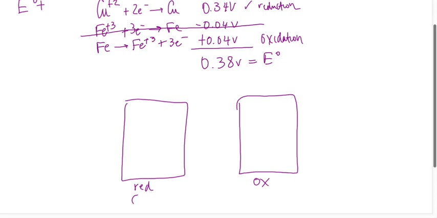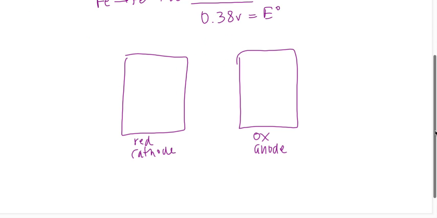So this one's going to be the cathode, and this one's going to be the anode. And what's a half reaction for reduction? It's our copper, correct? And then this is iron goes to iron plus 3 electrons.